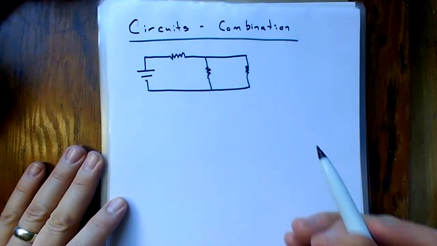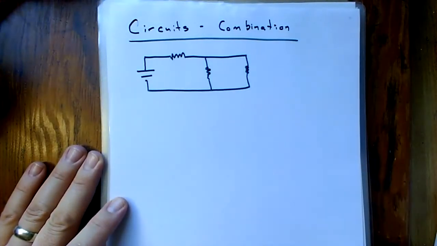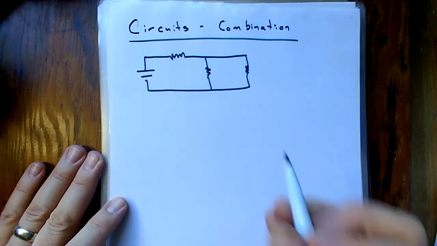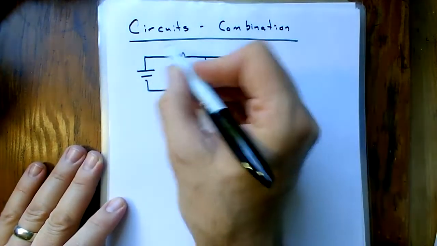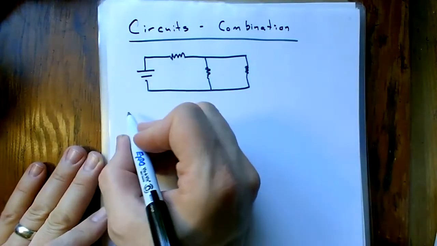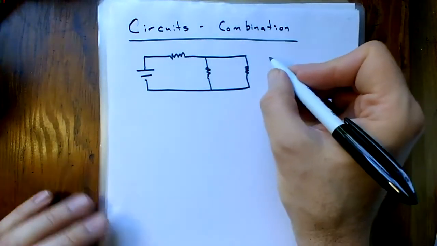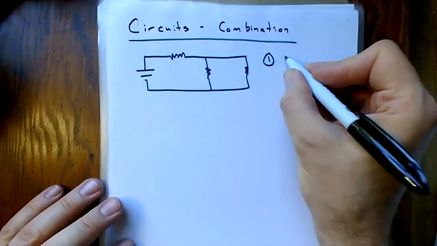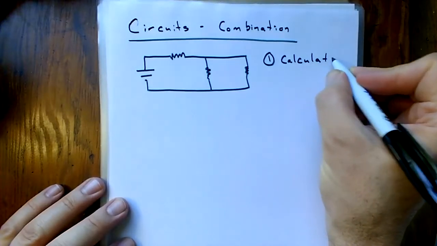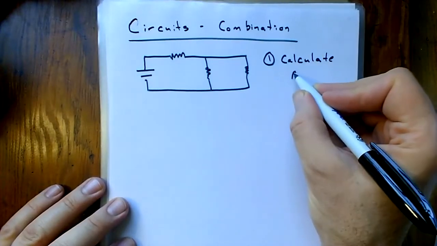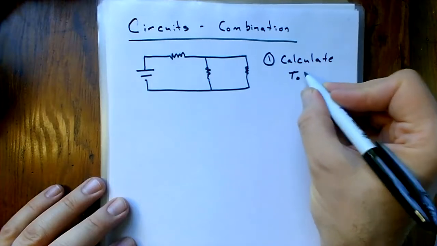When we're doing this, we're going to think about groups of resistances. So the first thing that we're going to do is calculate our resistance, and this is our total resistance actually.